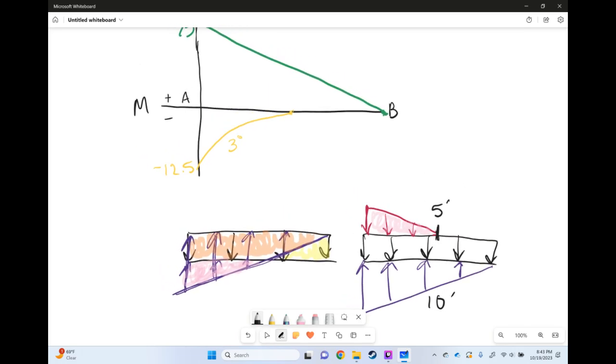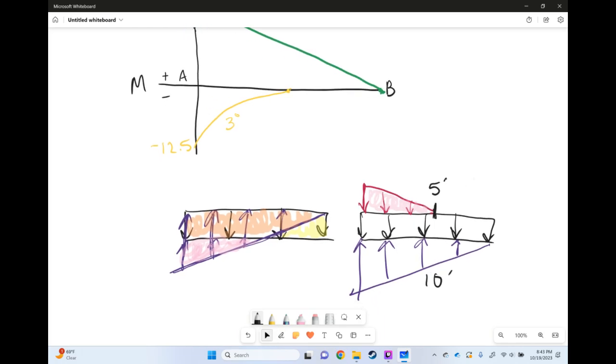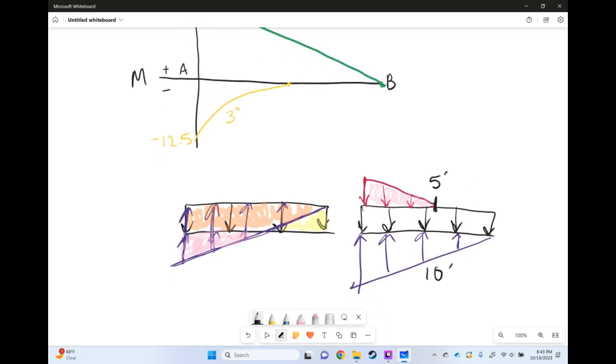So not too bad, but what are the values for all of these shapes? Well, for starters, this total height here is 3 kips per linear foot, because that is the end value over here. So if that's 3 kips per linear foot for that part of the triangle, then this part of the triangle down here is also at 3 kips per linear foot.